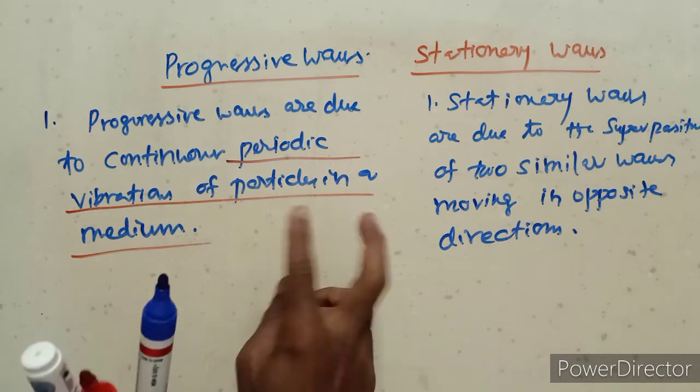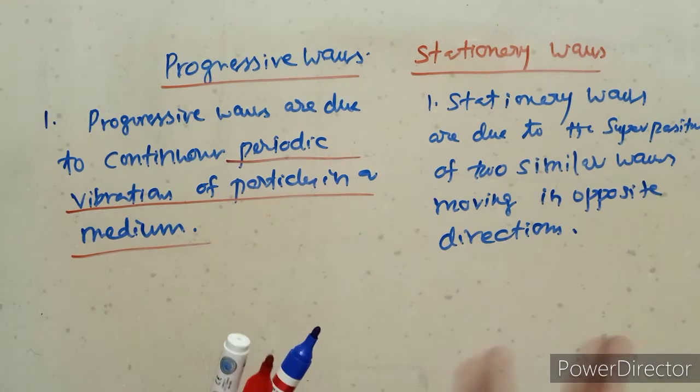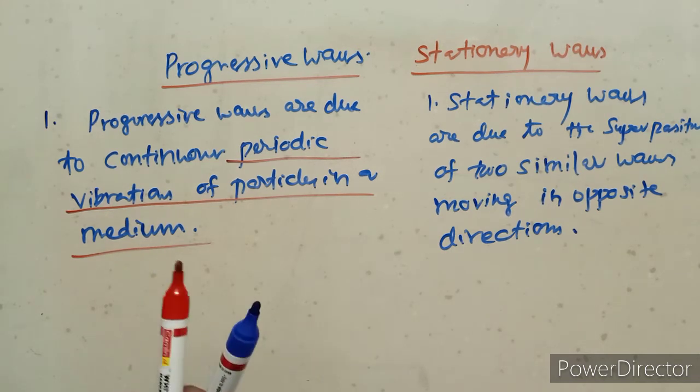So progressive waves are due to continuous periodic vibration, and stationary waves are due to the superposition of two similar waves moving in opposite directions.